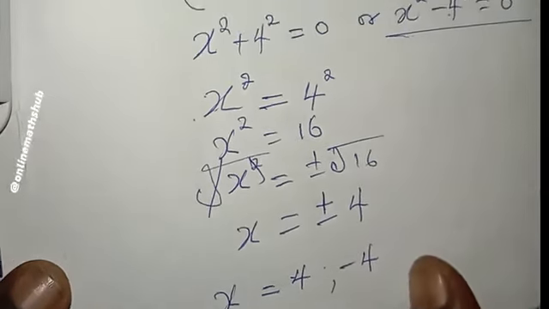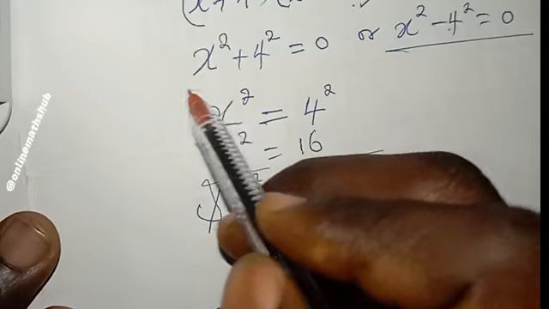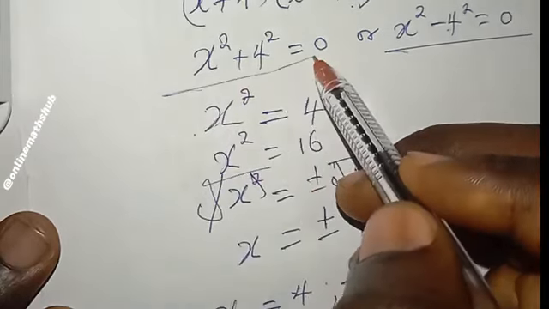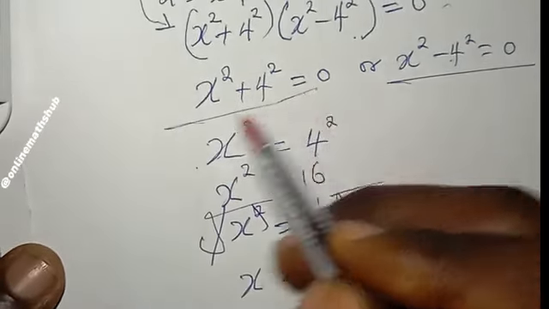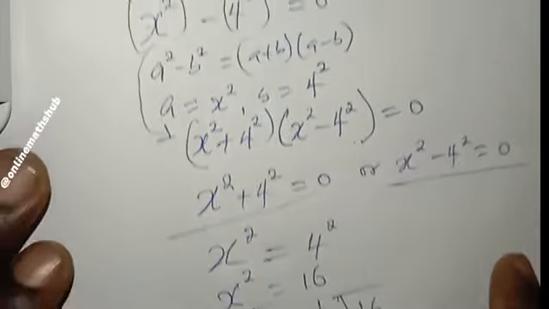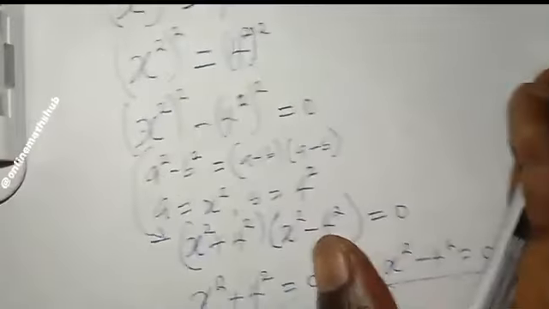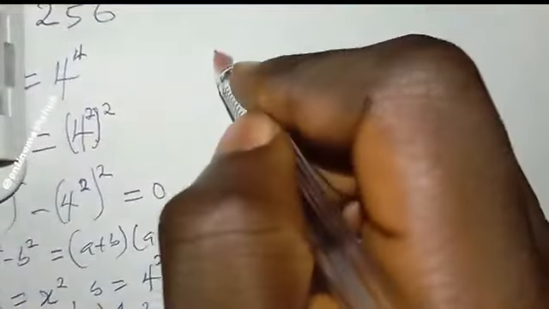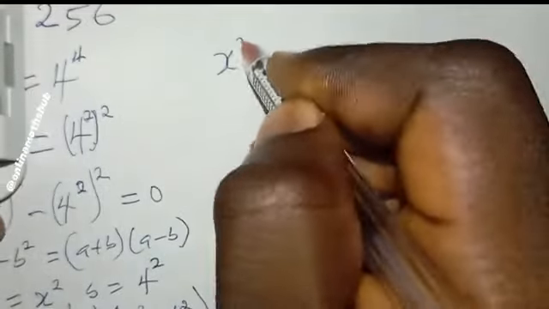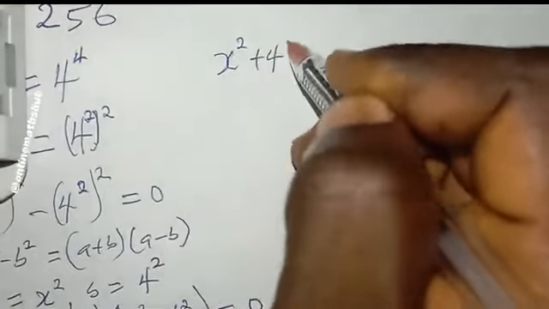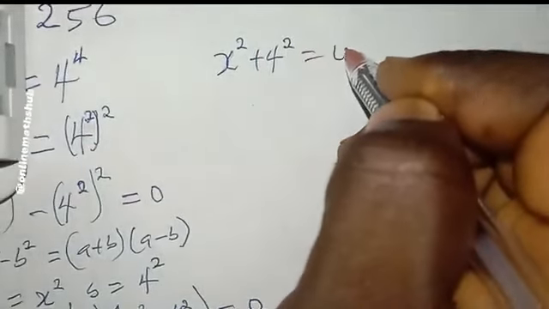What we'll do next is come over to this case and get the remaining values of x. Continuing here, what we have is x squared plus 4 squared is equal to 0.